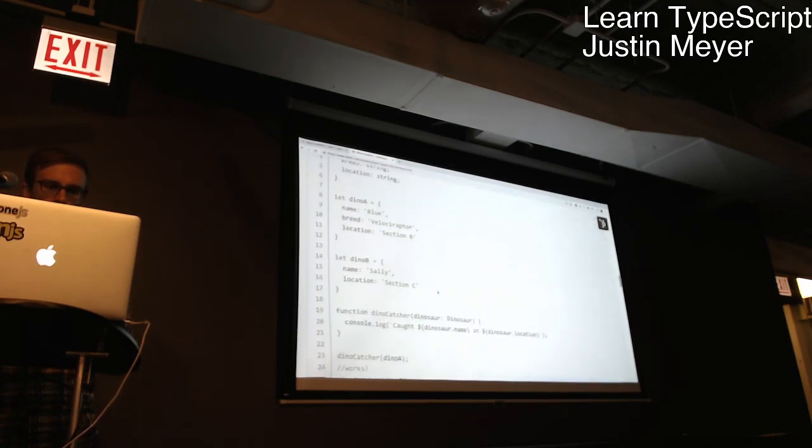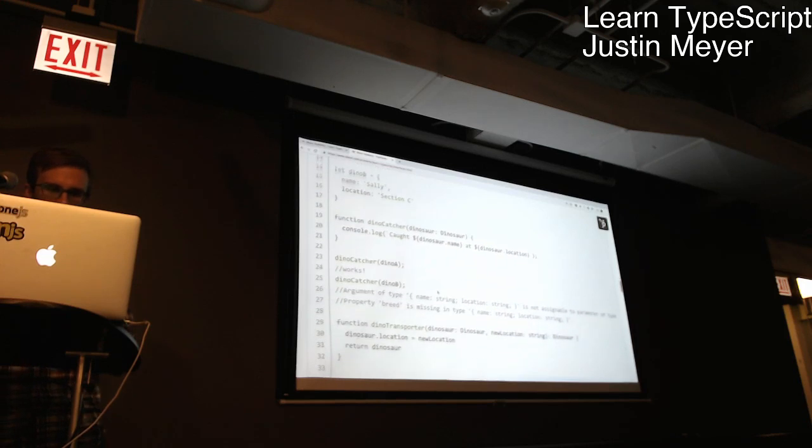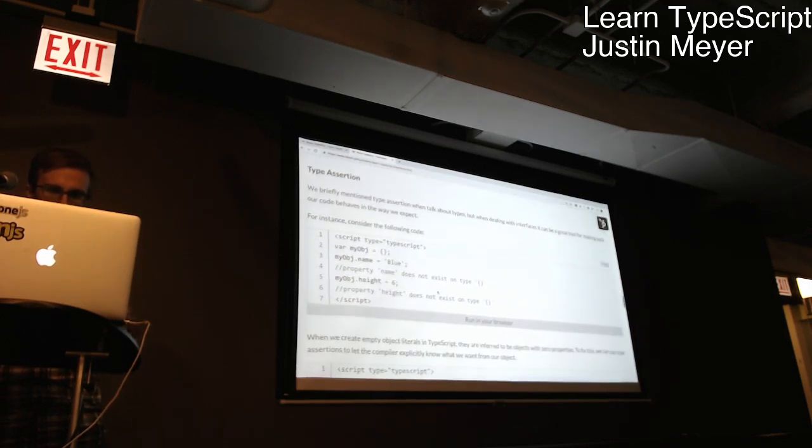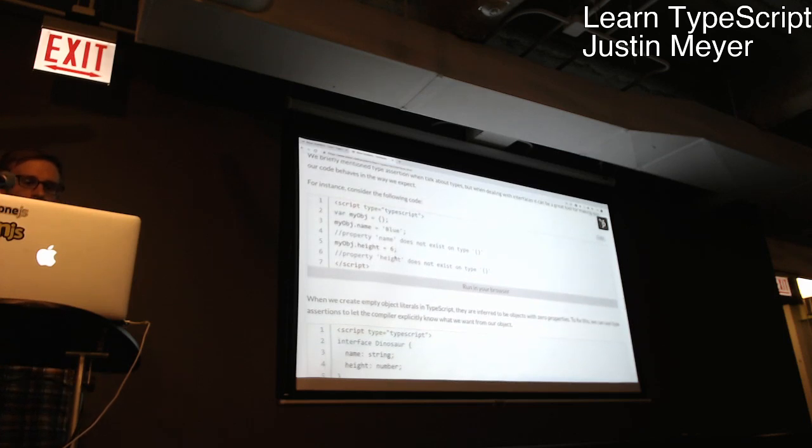This we kind of already saw, talked through that one. Sometimes, we talked about type assertion a little bit. Sometimes you want to have an empty object, for instance, and add properties to it over time. This doesn't work in TypeScript.